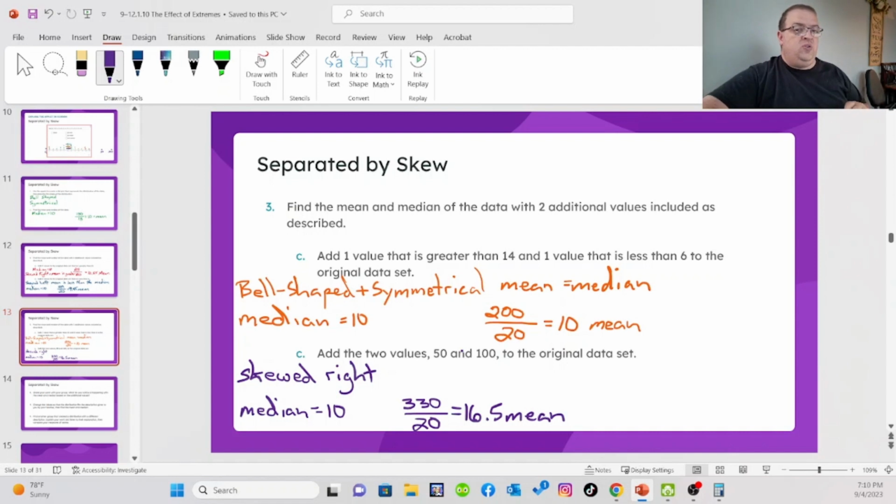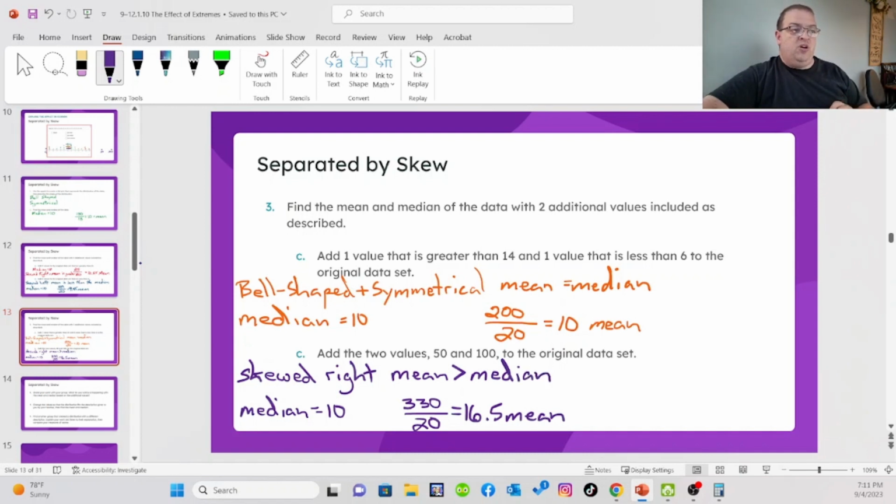So now you can see that extreme outliers pull the mean towards them. And the more extreme they are, the more it's going to move that mean. So skewed right, your mean is greater than your median.